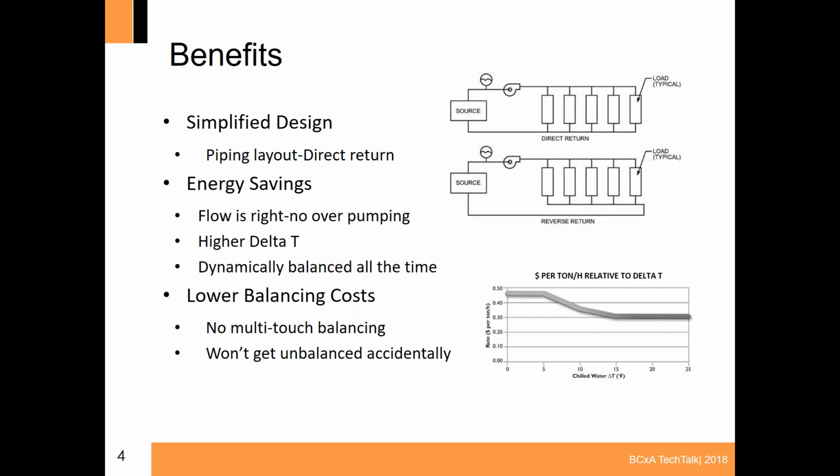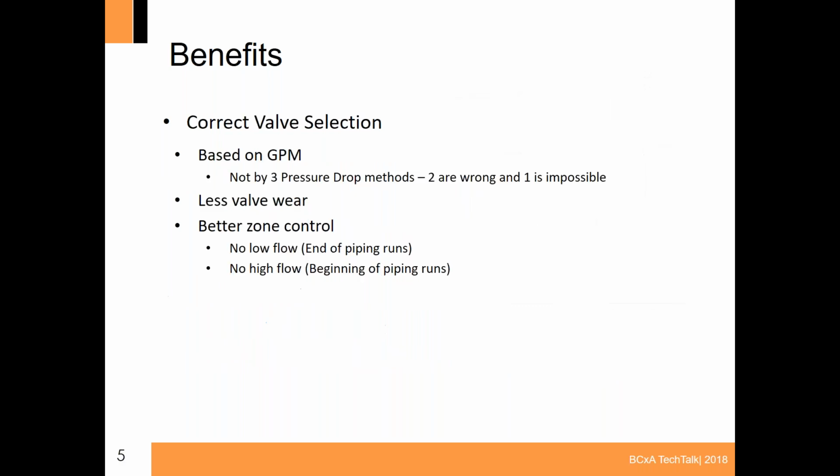But when you start having delta T issues and not returning the proper delta T, you're essentially adding additional pumping horsepower and a lot of times compressor horsepower, and then it starts to go up to 0.45 and higher, or 45 cents per ton hour. So it's a huge impact to the system.